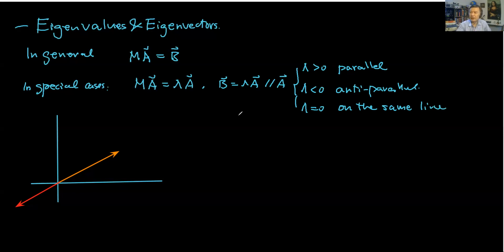So that is something very interesting. In other words, this transformation only changes the magnitude of the vectors. So therefore they have a proper definition.